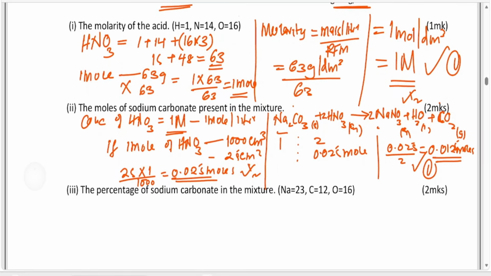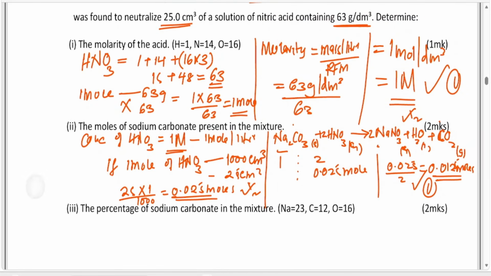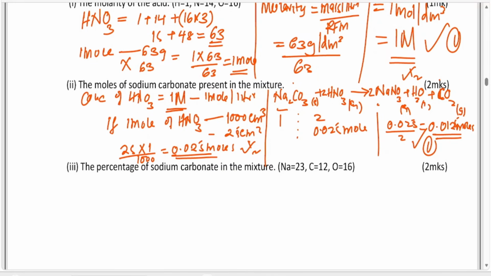The percentage of sodium carbonate in the mixture. How do we determine the percentage of sodium carbonate in the mixture? We need first to determine the mass of sodium carbonate, that is the relative formula mass of sodium carbonate, and we then determine the moles that were used. So here, I'm going to look at the relative formula mass of sodium carbonate.